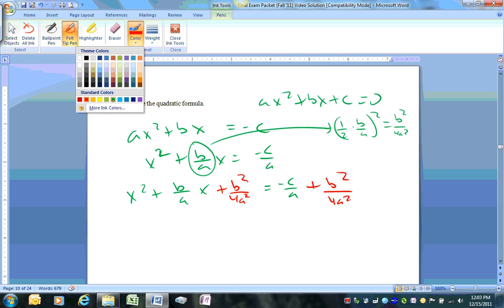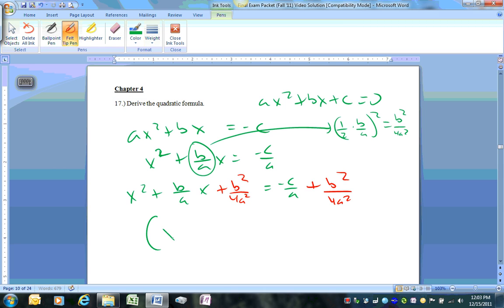Okay. The whole point of adding b squared over 4a squared is to make the left side a perfect square trinomial that can be factored, like I just did right there. And in here, we multiply 4a, 4a, so you get b squared minus 4ac all over 4a squared.